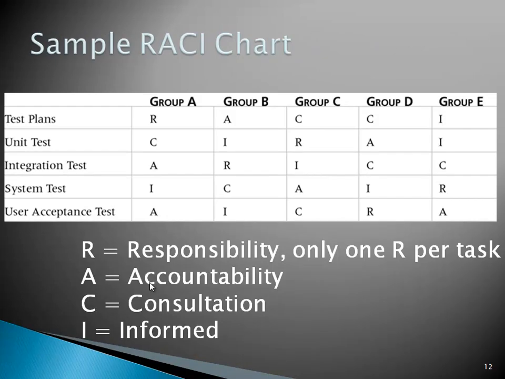Another matrix that we can use is the responsibility, accountability, consultation, inform matrix, which is RACI. Again, it will assign responsibility for a certain group. It will assign accountability for another group, consultation for a group, and to be informed for another group.